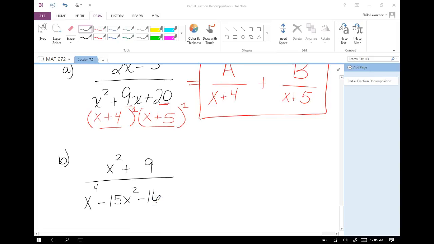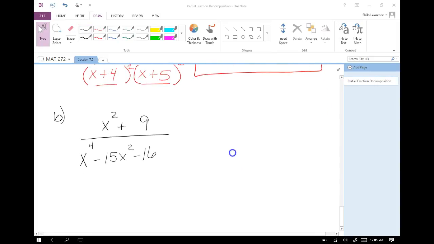We've got x squared plus 9 divided by x to the 4th minus 15x squared minus 16. We just want to set up the basic partial fraction decomposition. We want to know how I can break that up into several different separate fractions.